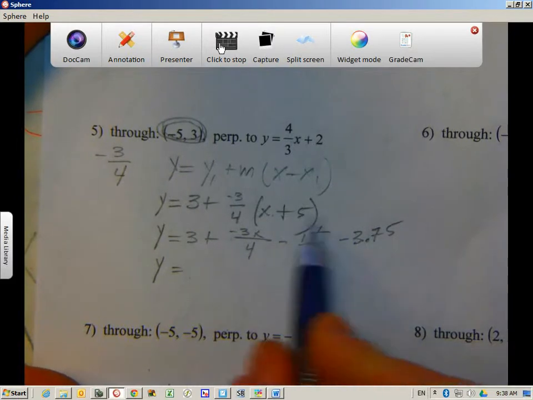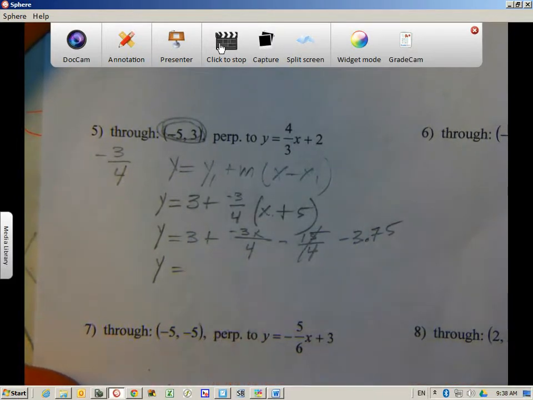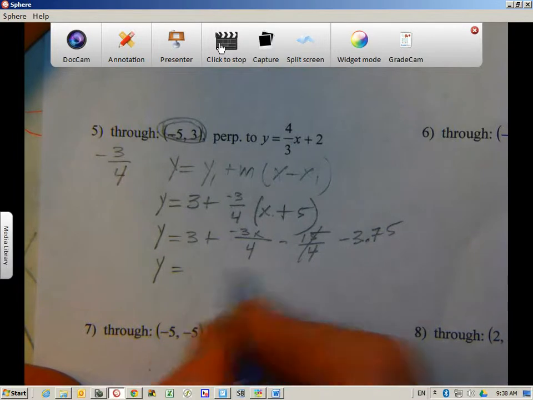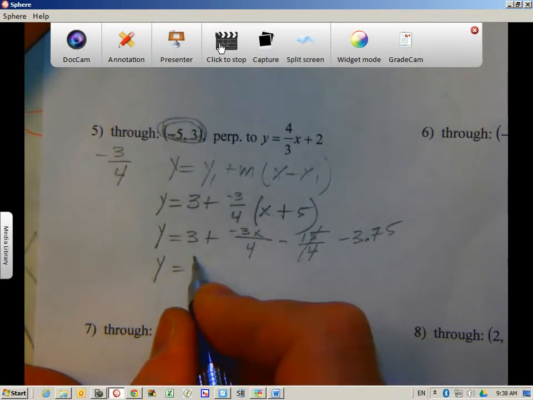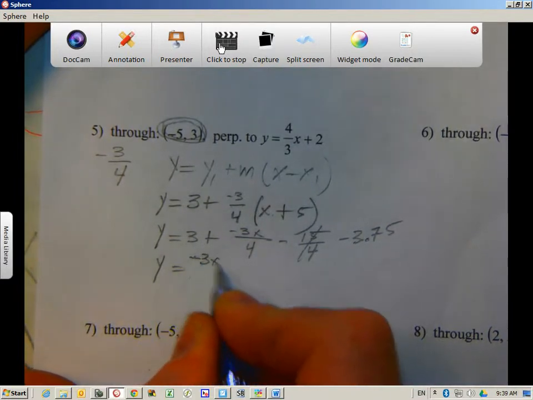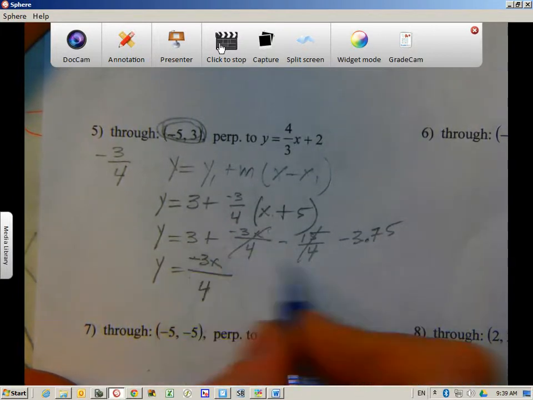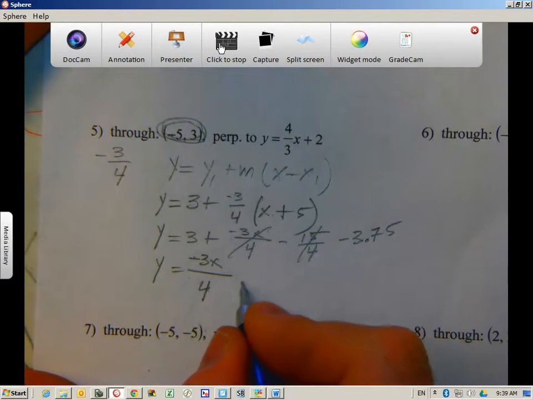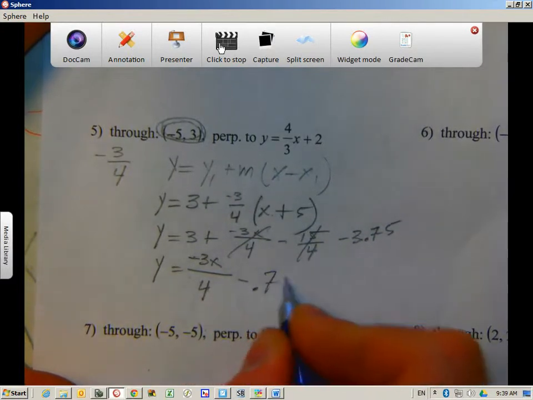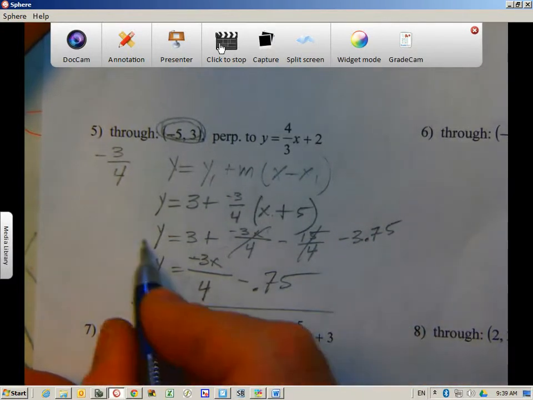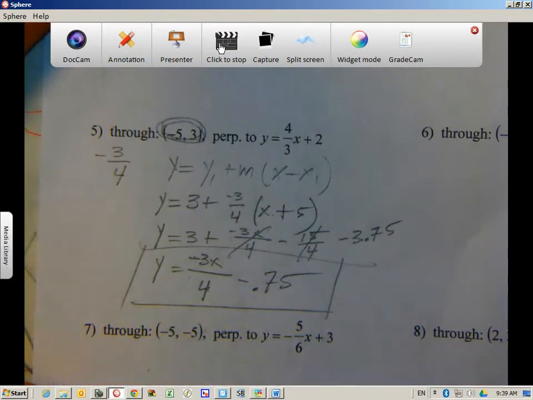And I'm going to add that to my 3. Well, subtract it from my 3. So I'm going to move my slope down here because I want it in slope-intercept form. So I put my mx first. There we go. And now my b is going to be minus 0.75.